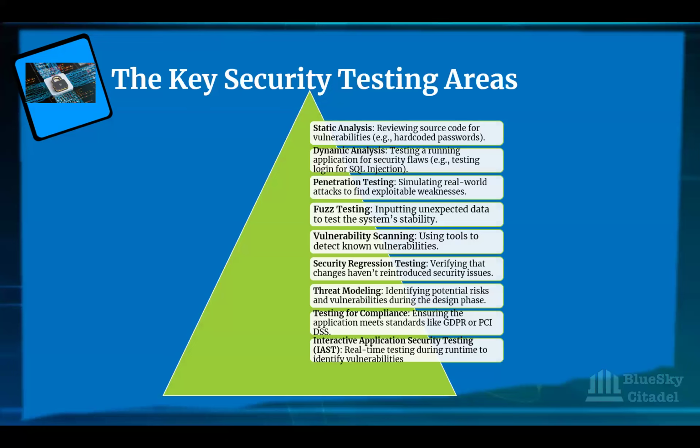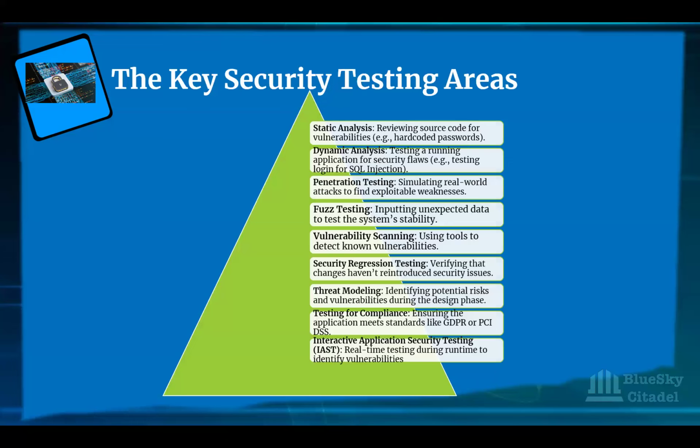I did not develop or create this. This is from a common body of knowledge, for a certification close to the highest certification you could get as a security analyst, CISSP. We have the static analysis.